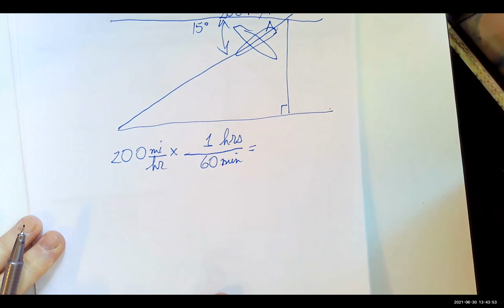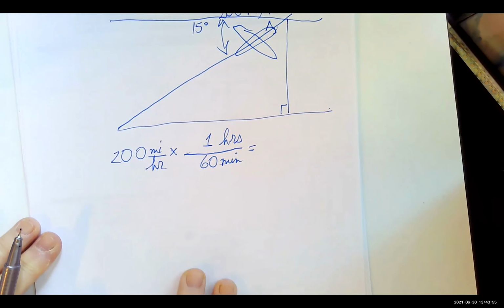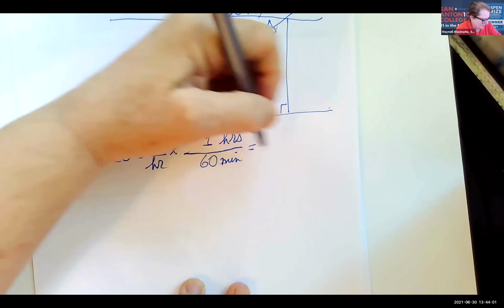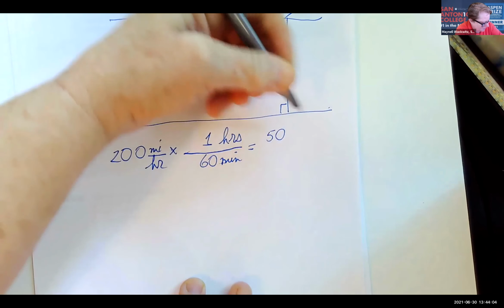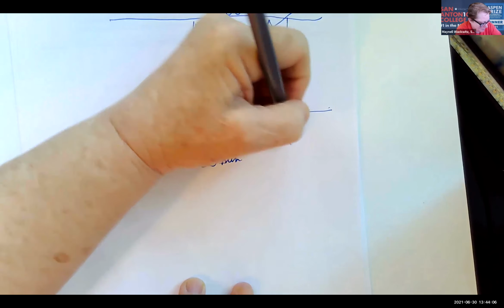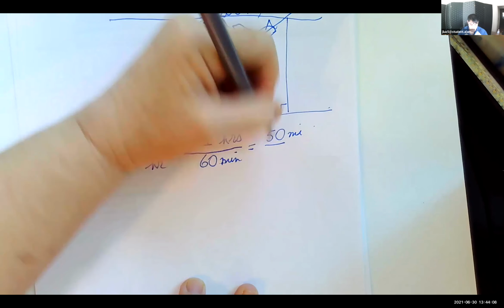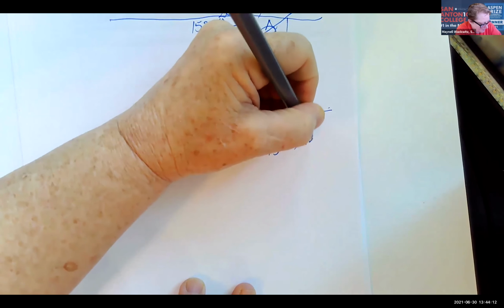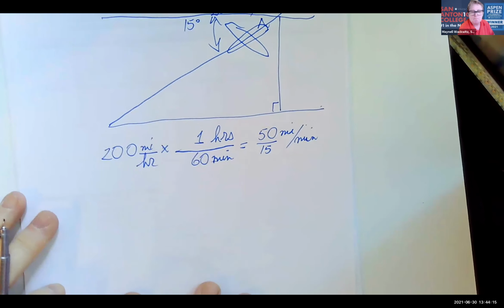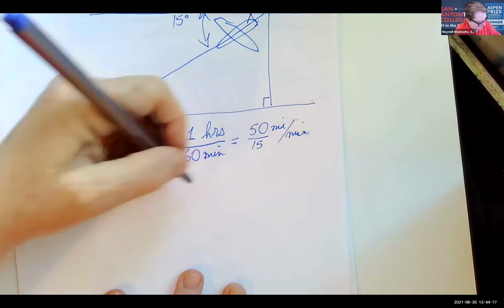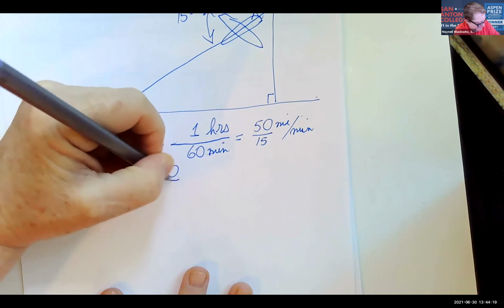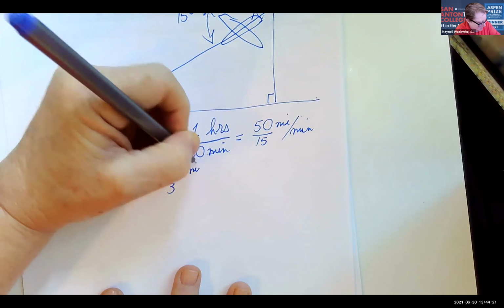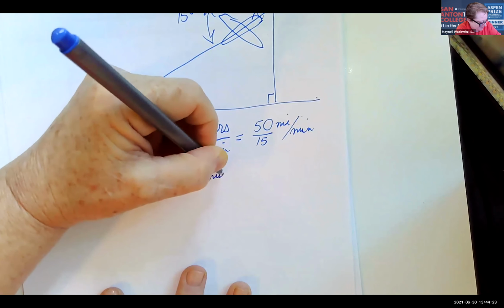You divide everything by 4. So we have 50 over 15 miles per minute. Can we reduce that more? Yeah, then it would be 10 over 3. Good. So 10 over 3 miles per minute.